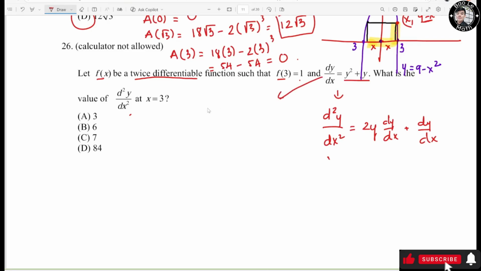So we have dy over dx at y equals 1 right here, so it could be 1 plus 1, it could be 2. So we substitute over here, so it could be 2 times y equals 1, dy over dx is 2, plus 2. So it could be 6, the answer must be B.